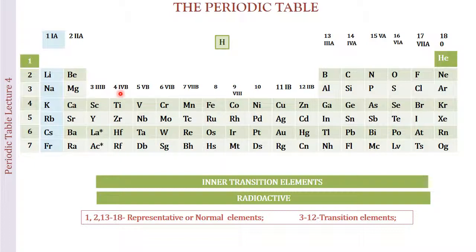Well, if you remember Mendeleev's periodic table, Mendeleev had classified his groups as 1A, 1B, 2A, 2B, right? I hope you remember that. So I have written those along so that you can understand the relationship between the Mendeleev groups and the modern periodic table. Where have those groups gone, right?